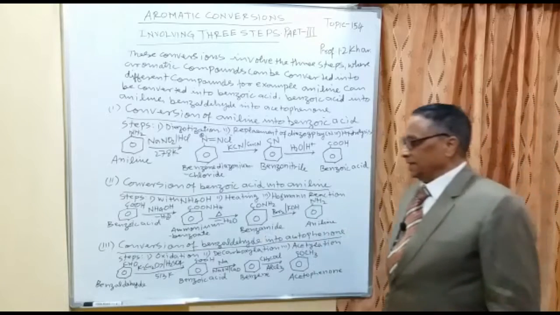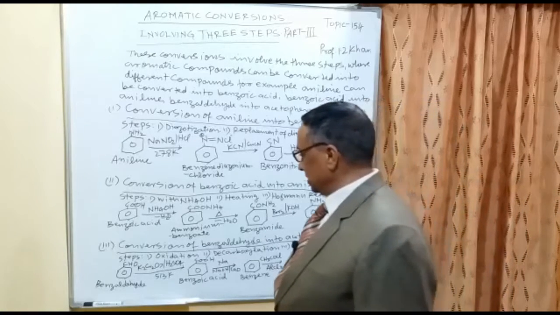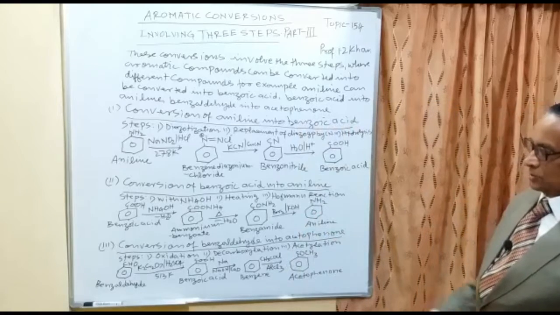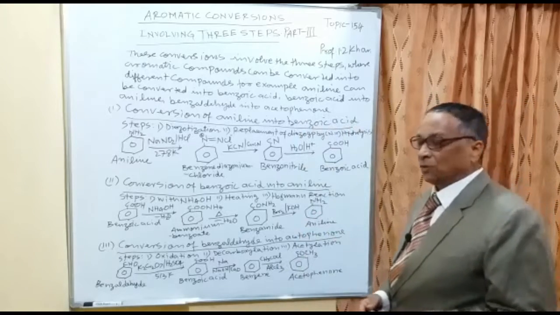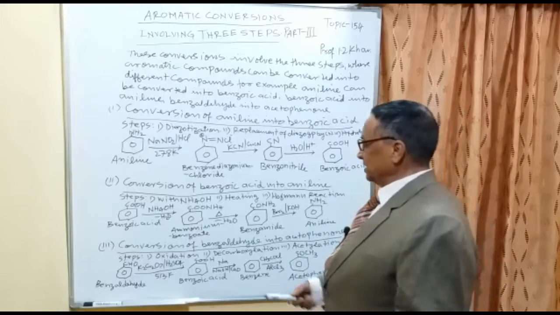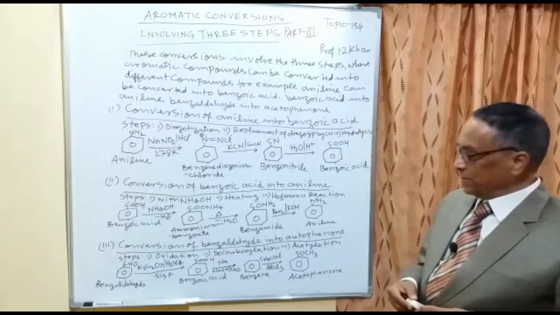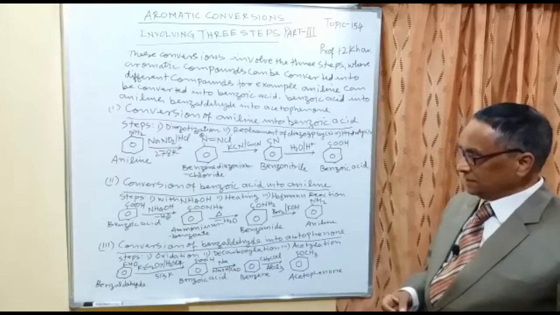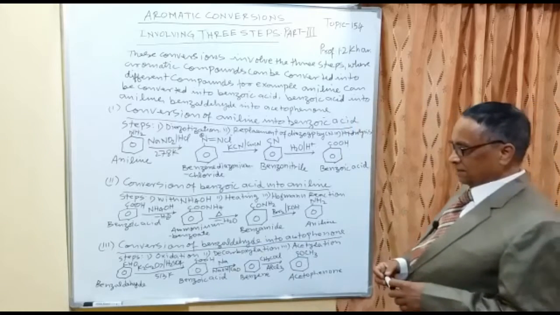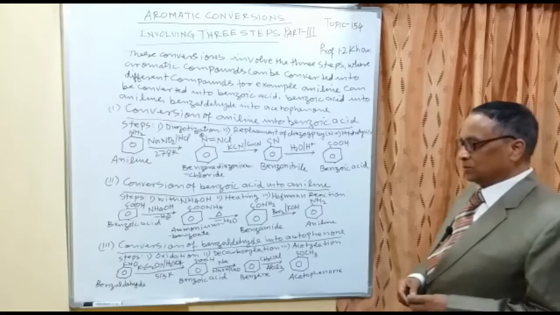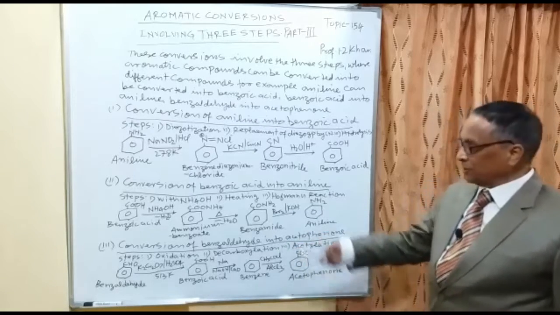And number 3 is the conversion of benzaldehyde into acetophenone. In this conversion, 3 steps are involved. In the first step, it is subjected to oxidation, that is in the presence of potassium dichromate and sulfuric acid at a temperature of 313 Kelvin. Then benzaldehyde will be converted into benzoic acid because of oxidation.